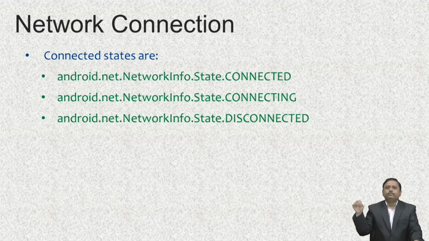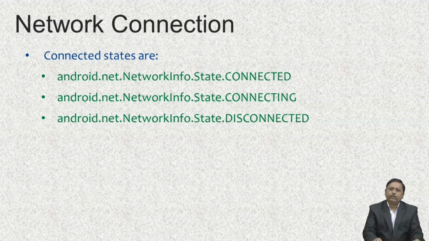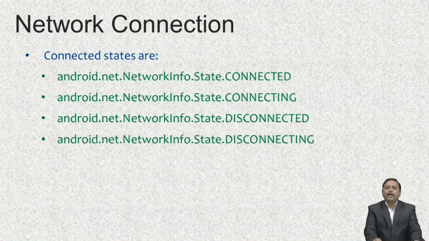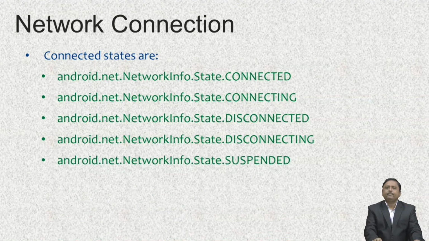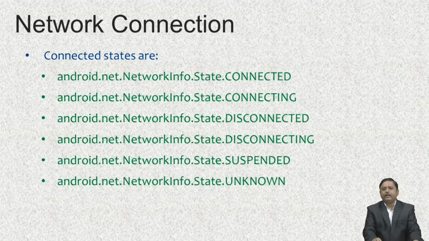When you are removed or disconnected, you are in the disconnected state, and while disconnecting, you can have the disconnecting state, and if you are removed from some Wi-Fi or network, you are in suspended, and you can also be in an unknown state. So these are basically the various kinds of states that a network connection can have.